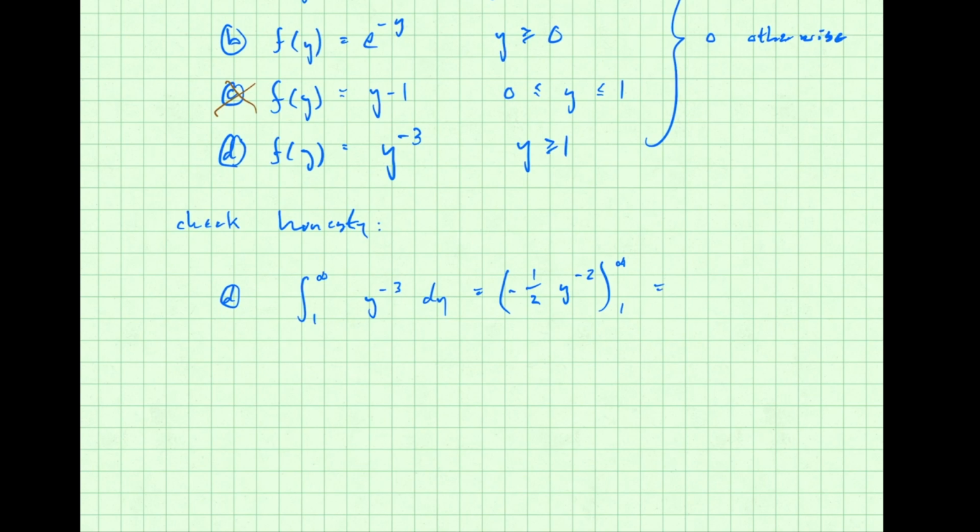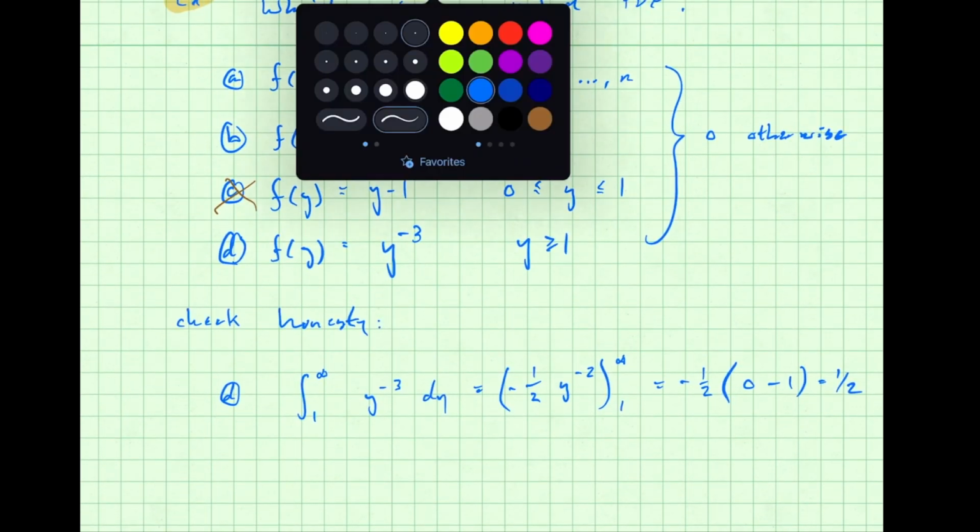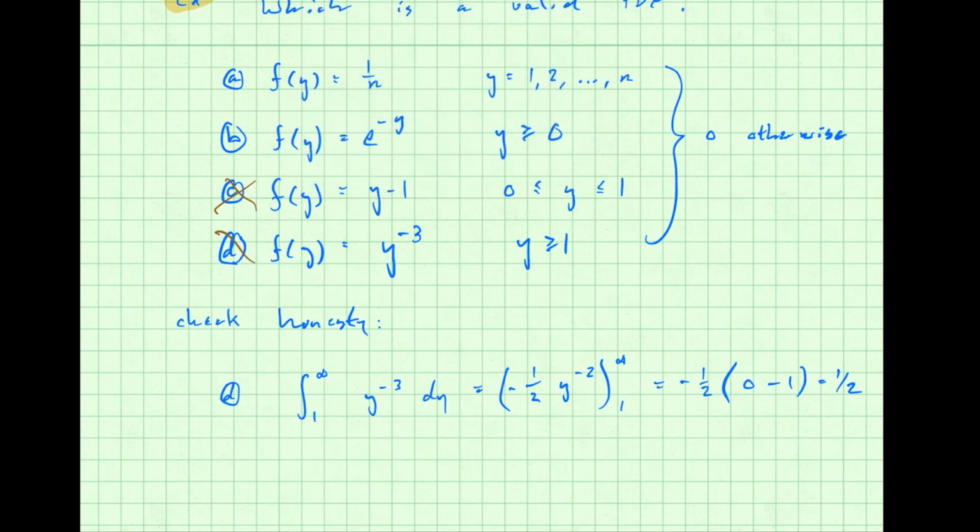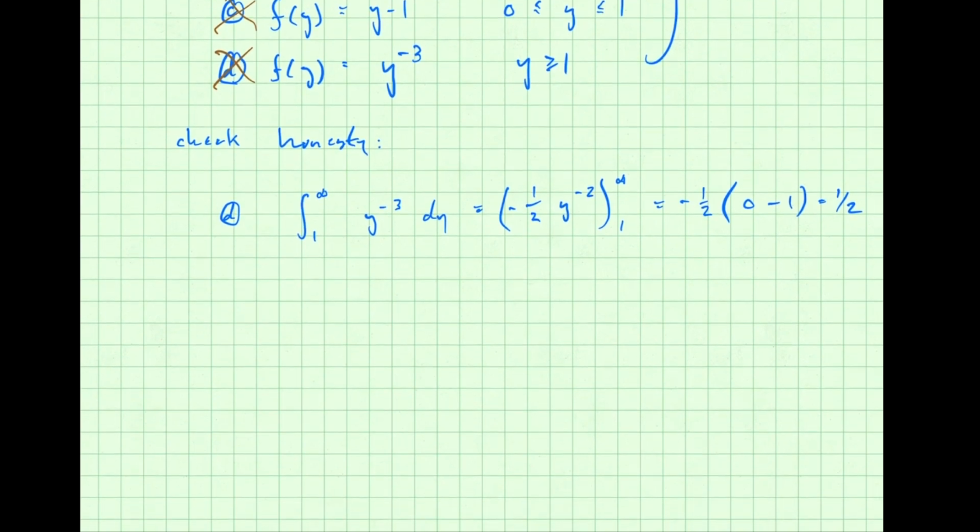So we got minus 1/2, I'll just take that out, y to the minus 2. When y is infinity, that's 0. And then minus 1. And so this is a half. So it's out. It didn't satisfy. It was positive, but it just wasn't honest. Out. And now let's check B.